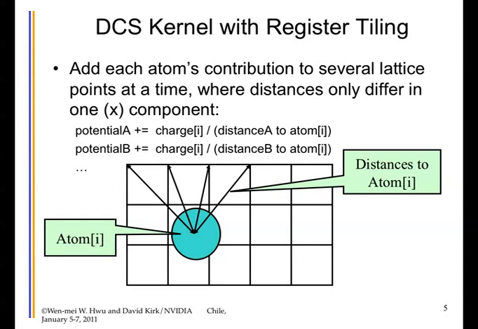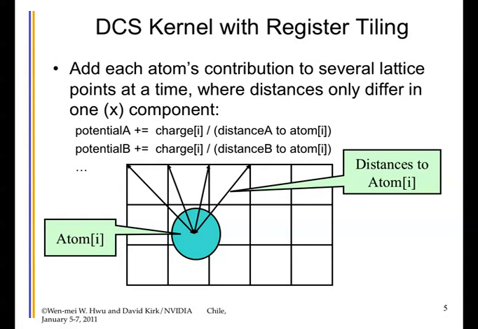Whenever we're processing grid points along the x dimension, all these lattice points will only differ in their x coordinates, and all of them will have the same z and y coordinates.